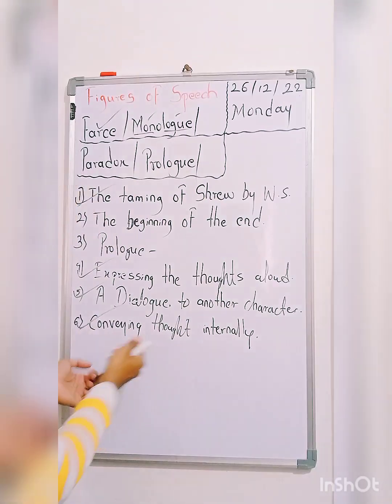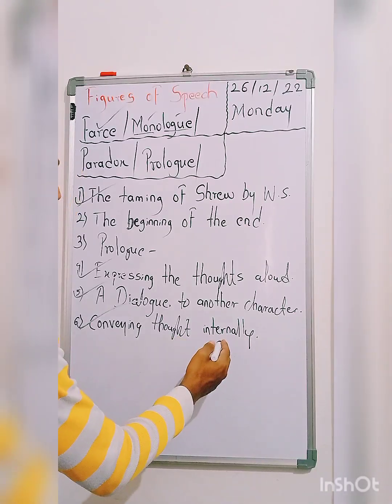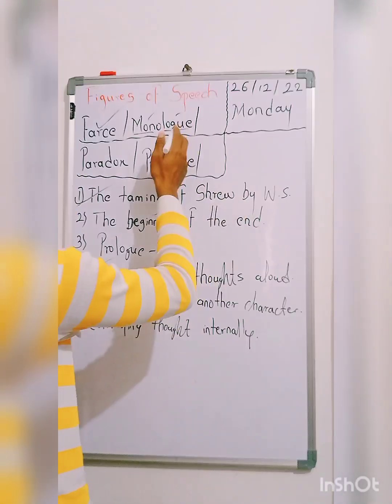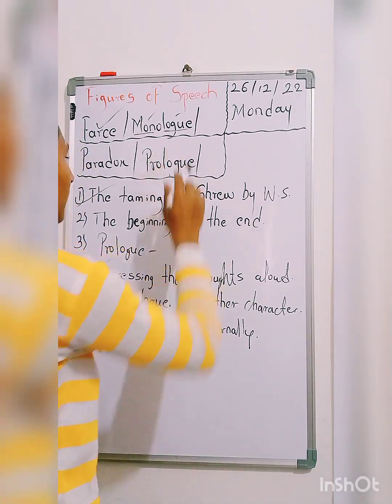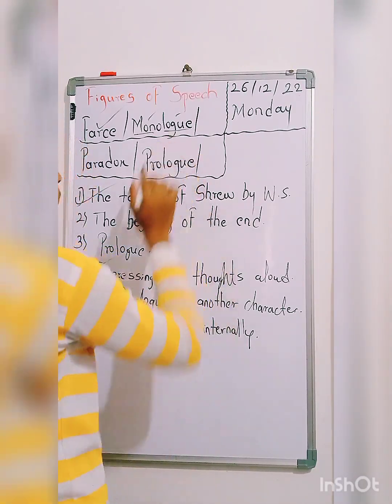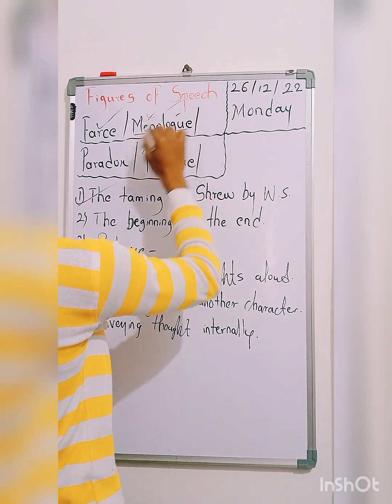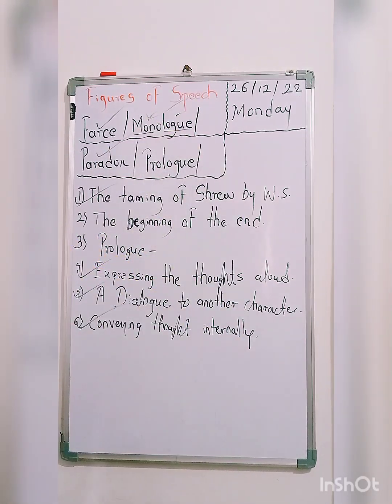That is what we call internal monologue, the last sub-branch of monologue. And now it is time to understand what is called the paradox.